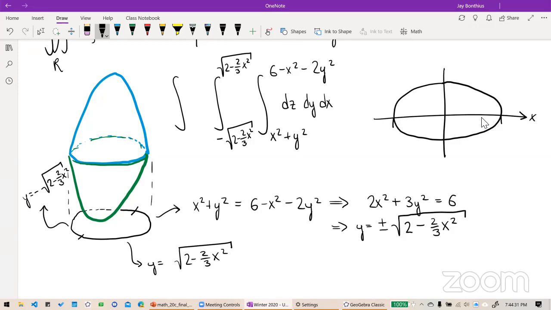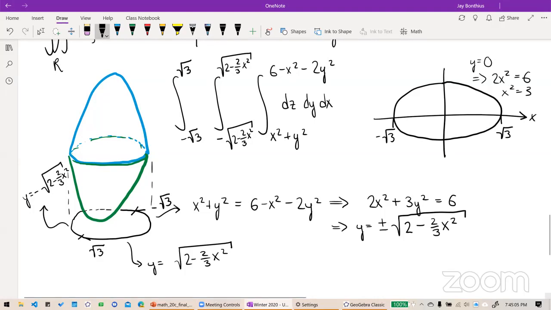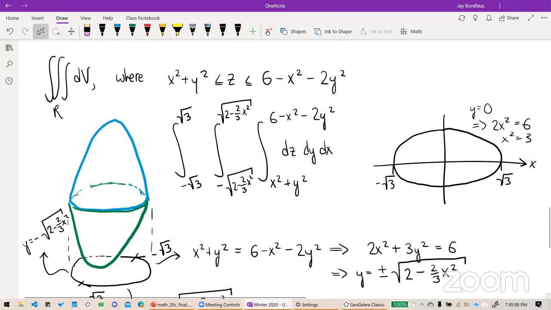So if you plug y equals 0 into the equation of the ellipse, you get 2x squared equals 6, and so x squared equals 3. So this is square root 3, and this is negative square root 3. So this x value is negative square root 3, and this x value is positive square root 3. Those will be our lower and upper limits on x. And so that is that integral.